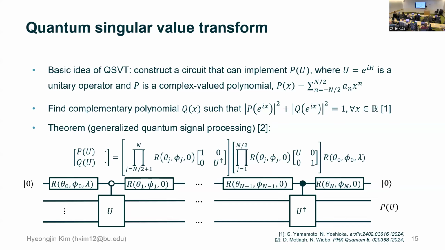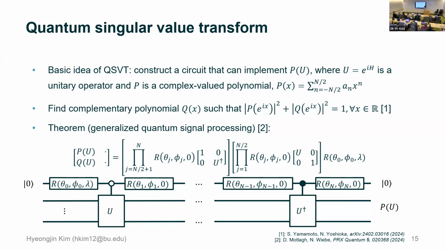The details don't matter too much here. The only thing that matters is that you need an extra ancilla qubit, and you need to do controlled unitaries the same number of times as you have terms in your series.